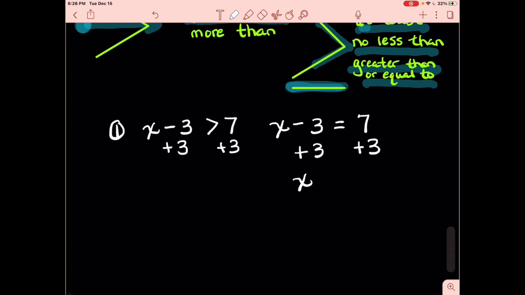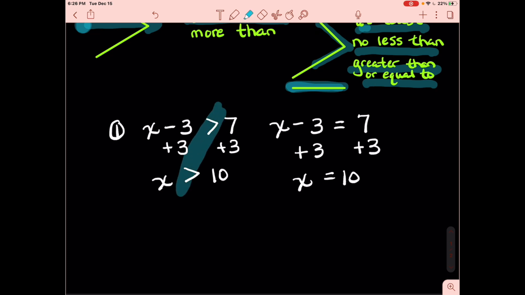Here I would end up with x equals 10, and here I would end up with x is greater than 10. Now make sure that you keep track of the sign. In this problem, if you were just to tell me 10, there is only one number that answers that problem. 10 minus 3 equals 7, and so 10 is fine.